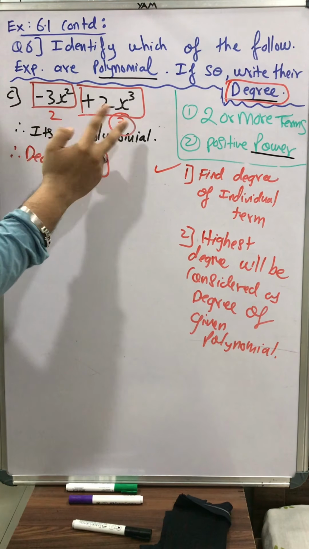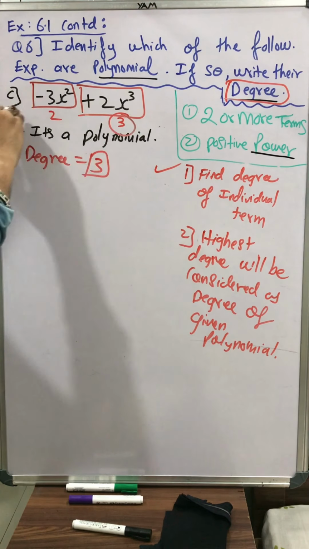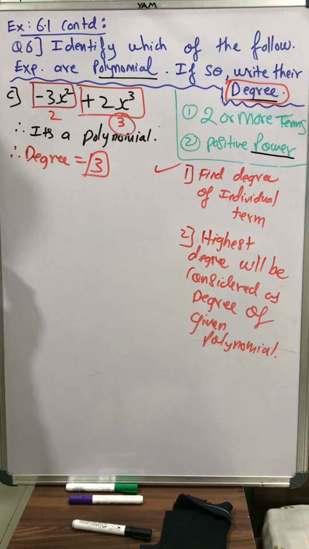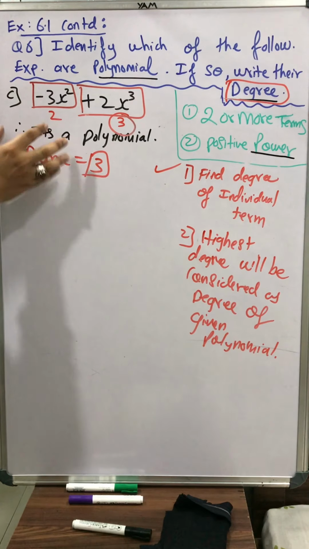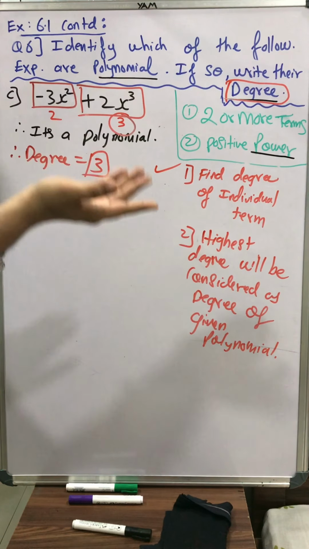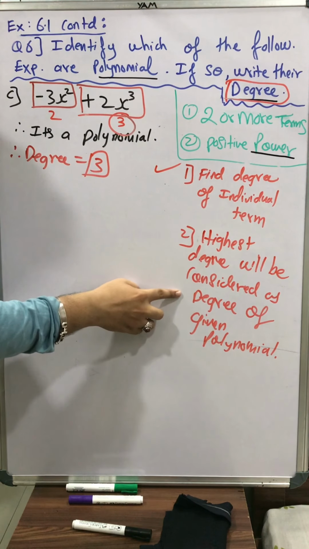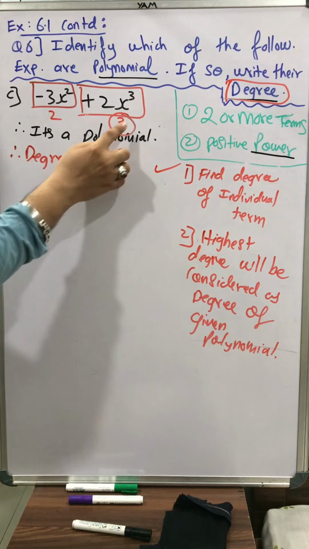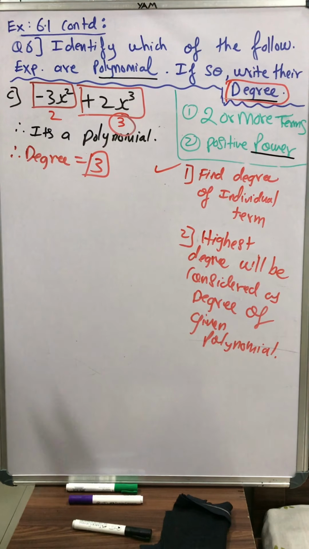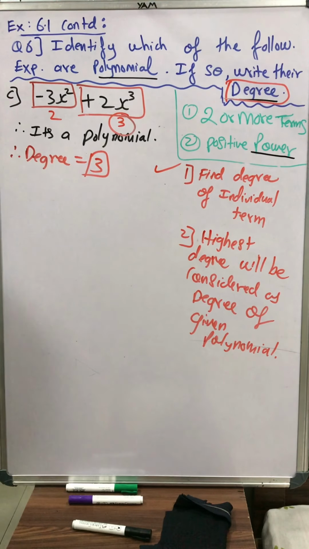Second, from the degrees which you have, you have to select the largest value. So 2 and 3, 3 was the largest value. Highest degree among the terms will be considered as the degree of given polynomial. So 3 is the answer. Please pause the video, students, and do it, and don't forget to write this as a note.